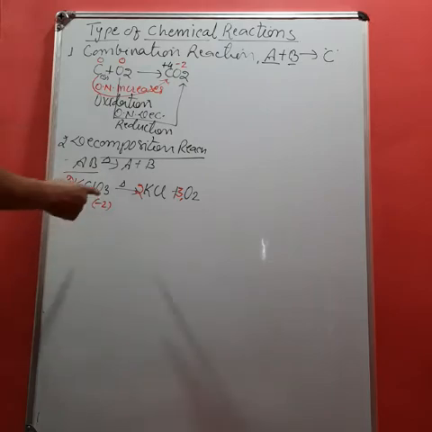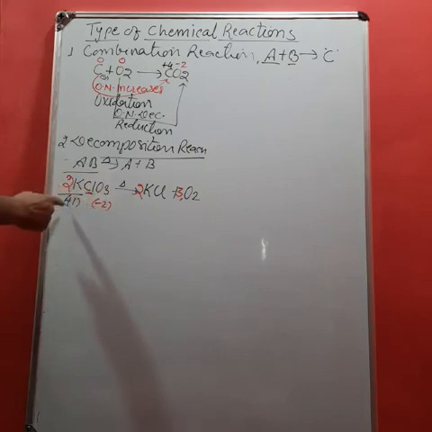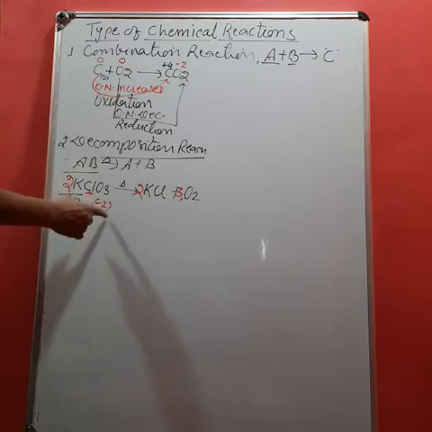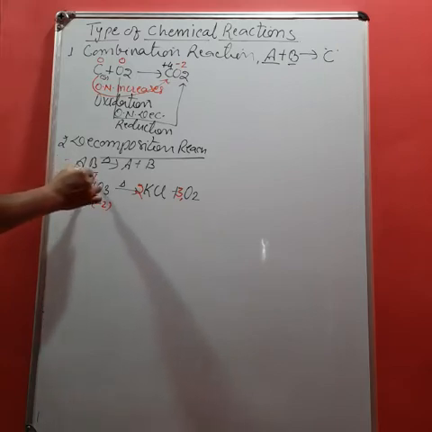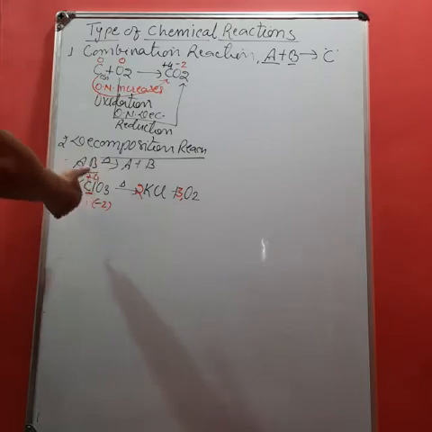So how to find it? I am writing directly: 3 into -2 is -6 and 1 into +1 is +1. So -6 and +1 is equal to -5. That means here the oxidation state of chlorine in this particular compound must be +5.